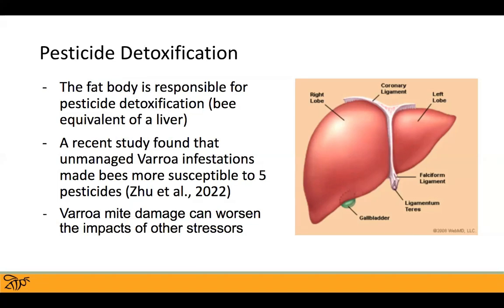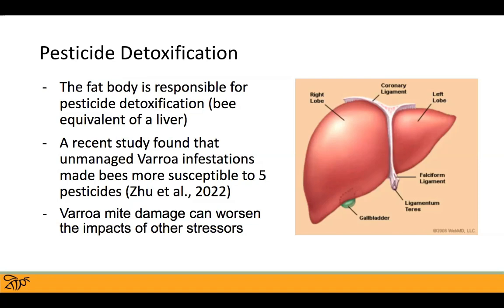And I just wanted to bring up a recent study that found that bee colonies that had unmanaged Varroa infestations were a lot more susceptible to 5 different pesticides that they tested compared to colonies that had Varroa infestations that were managed with chemical treatments.